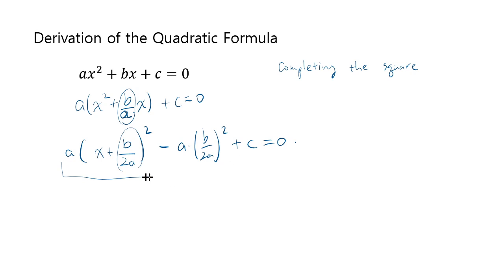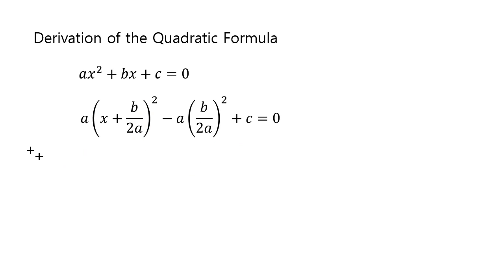And if you are not so sure how this is equal to the previous one, you can always expand this and simplify this to see that it actually gives you the same thing. Okay, so that's what we have once we complete the square.